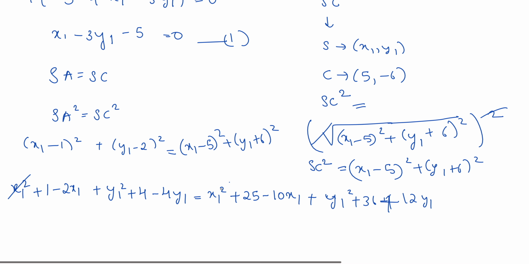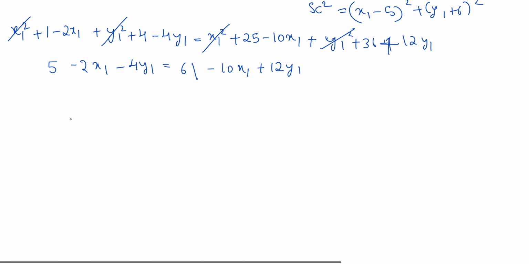So x1 square gets cancelled, y1 square gets cancelled. On the left hand side we have 1 plus 4 is 5 minus 2x1 minus 4y1. We have 25 plus 36, which is 61 minus 10x1 plus 12y1.